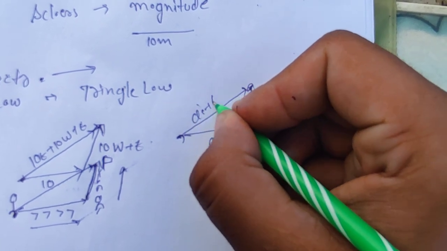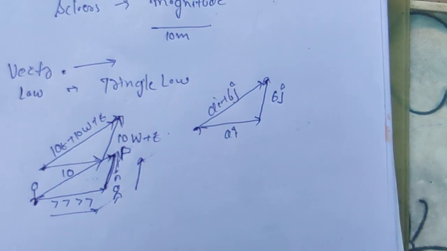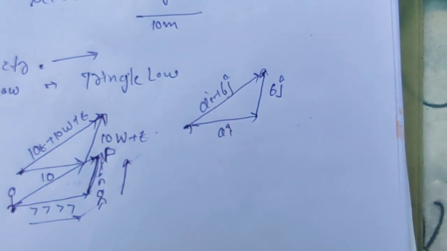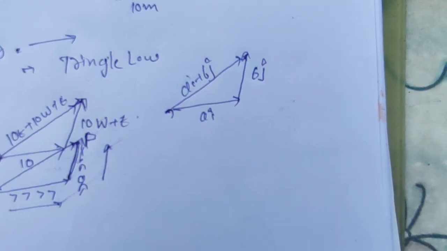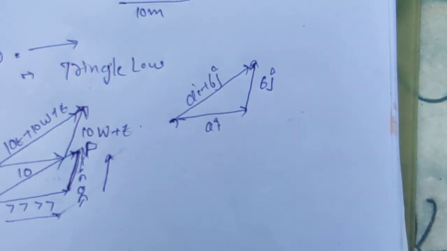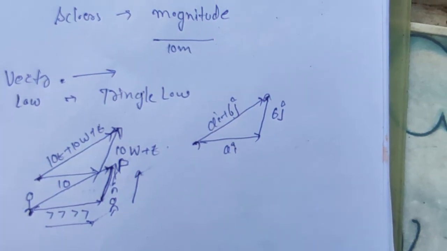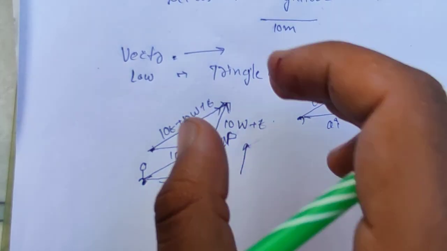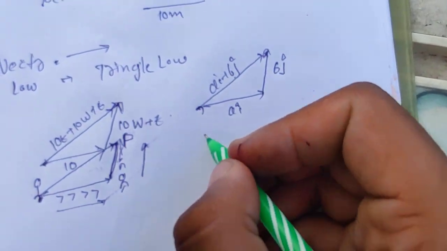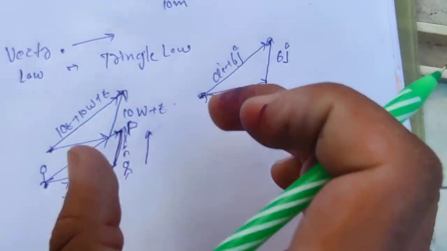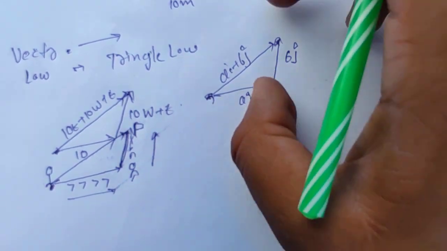So A i cap plus B j cap. Imagine you walk on the street and then in a diagonal way you reach the end point from the starting point. So the triangle law is basically the vector sum of the initial and the final position.